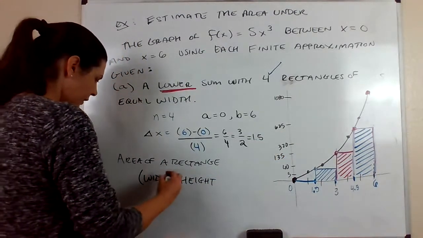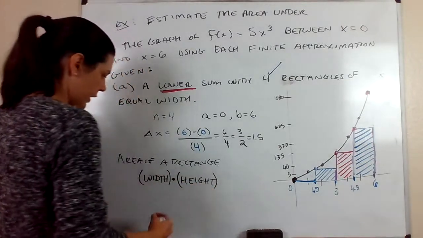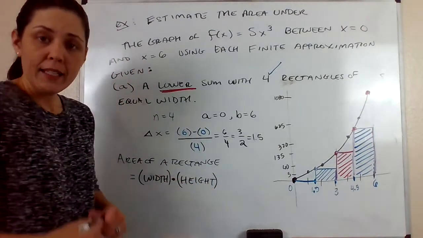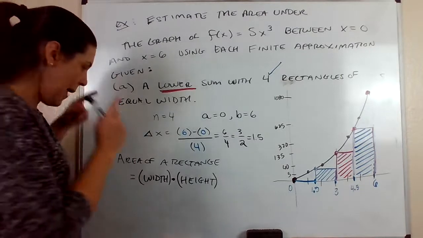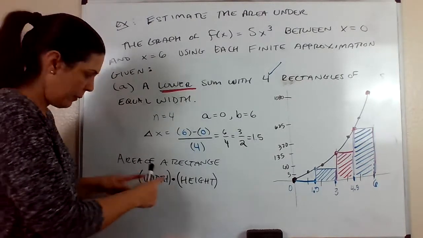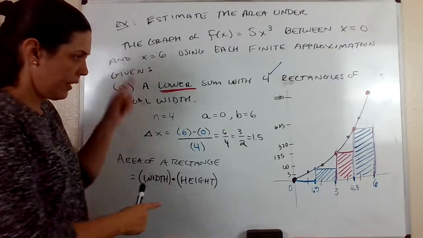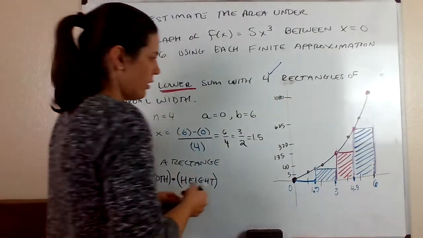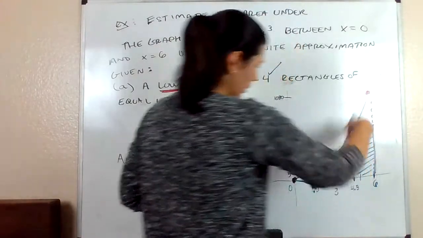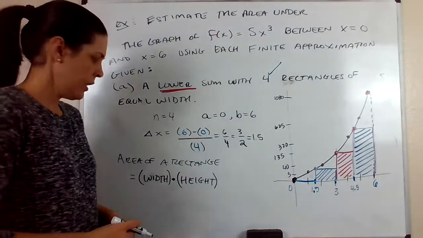You can call it length times width, but I'm going to call it width times height. So we're using math that we do know, geometry technically here, to find the area of a shape we don't know about. I didn't know about the area under that curved function.